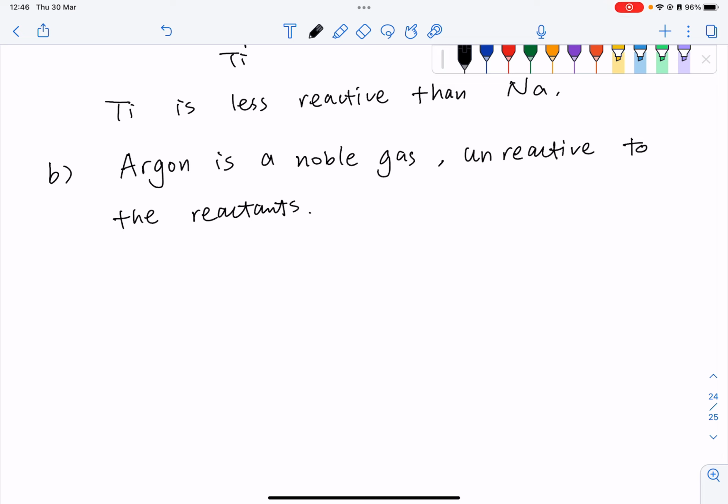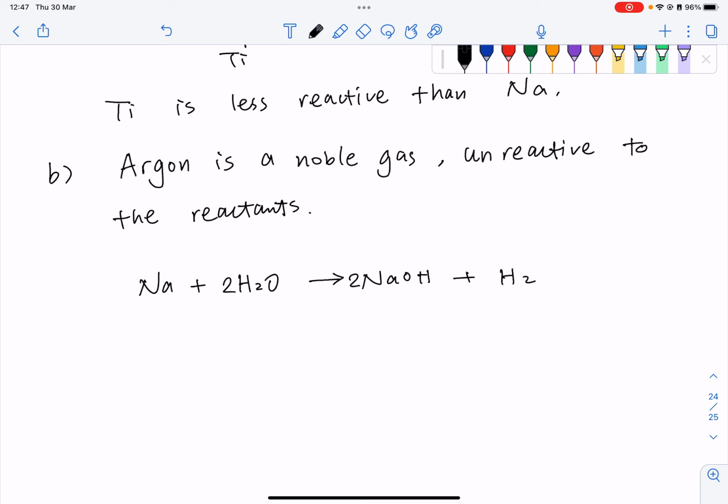Let me remind you which metal here can react with cold water. We probably didn't study titanium, but what about sodium? Can sodium react with cold water? Remember, we have this formula, right? It will form sodium hydroxide and also hydrogen here. Is it balanced now?